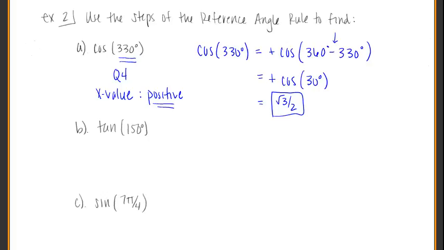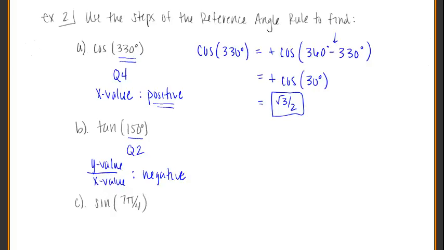That's it. Okay, so 150 degrees for tangent. What quadrant is that in? It looks like it's past 90, not quite 180, so we're in quadrant 2. The ratio of the y's to the x's in quadrant 2: x's are negative, y's are positive, so it's going to come out negative.